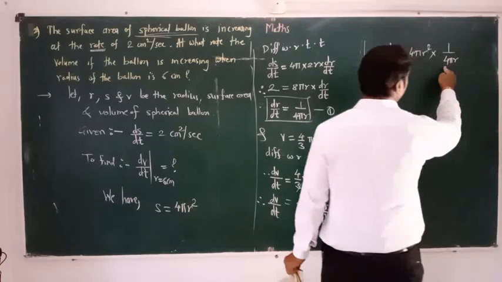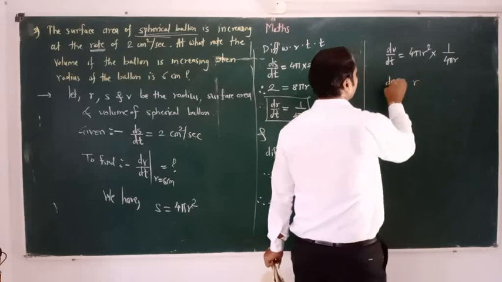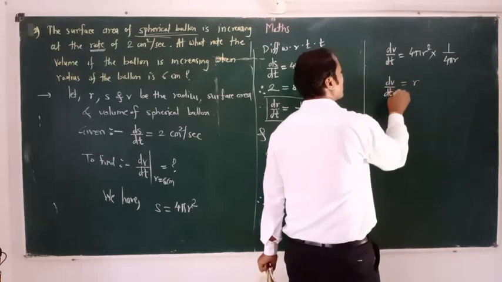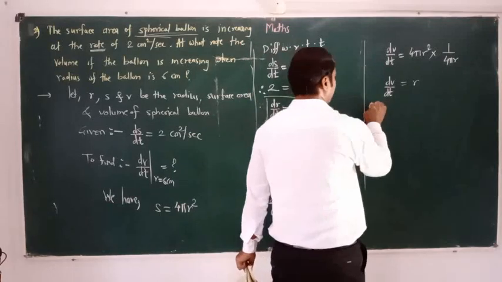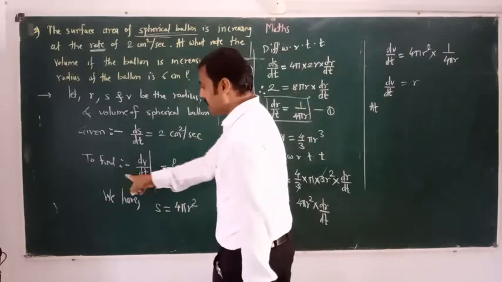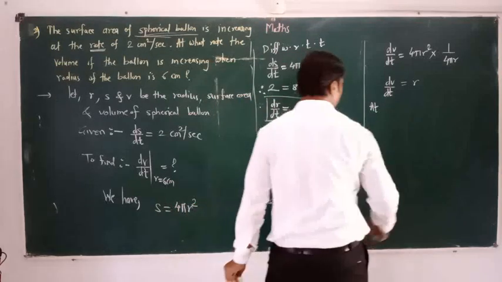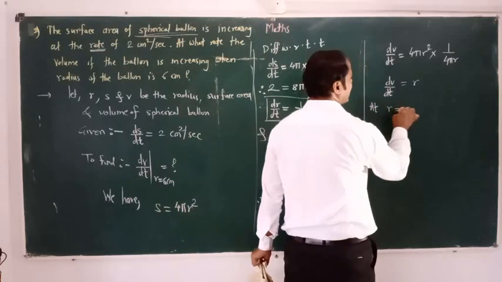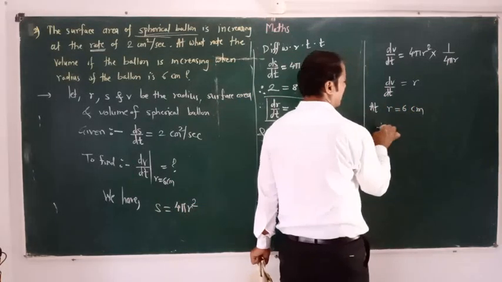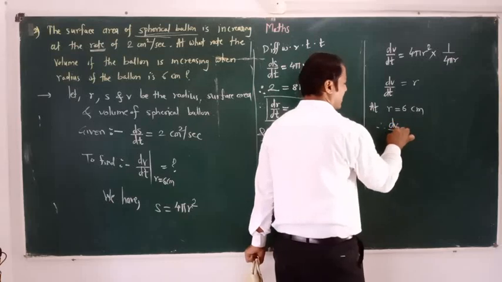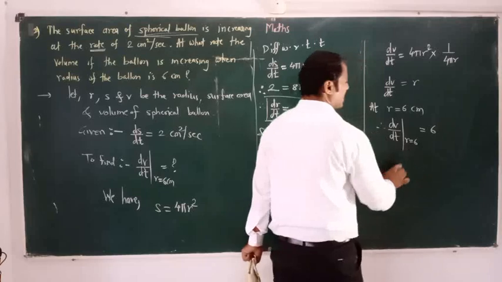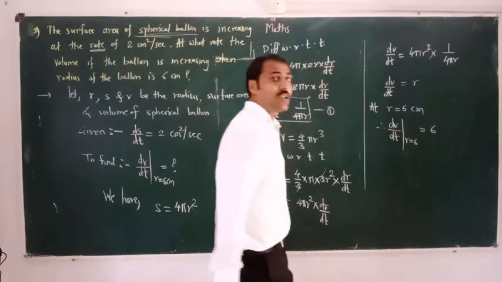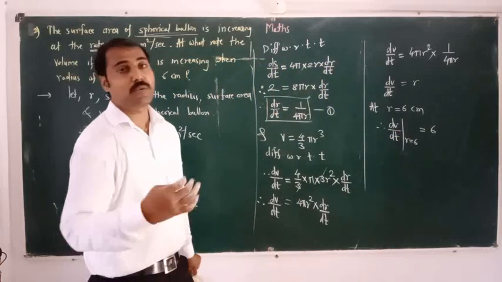4 pi gets cancelled, 1 r gets cancelled, and dV/dt, the rate of change of volume with respect to time, is r, and we have to find dV/dt at r is equal to 6. So at r is equal to 6 centimeter, dV/dt is equal to 6, and since it is a volume, the unit of volume is cubic unit.